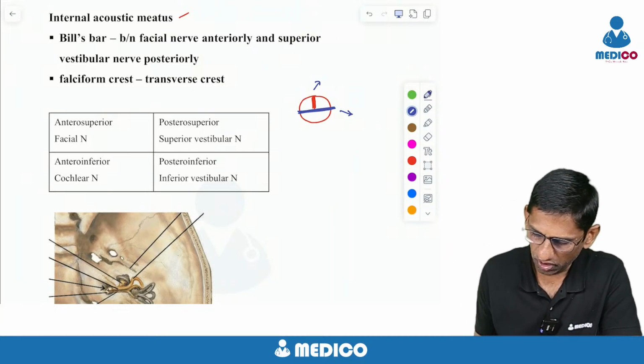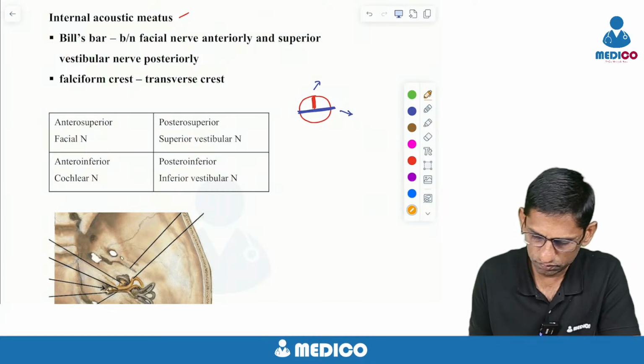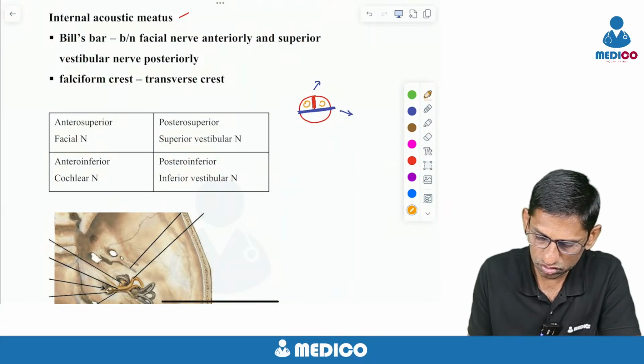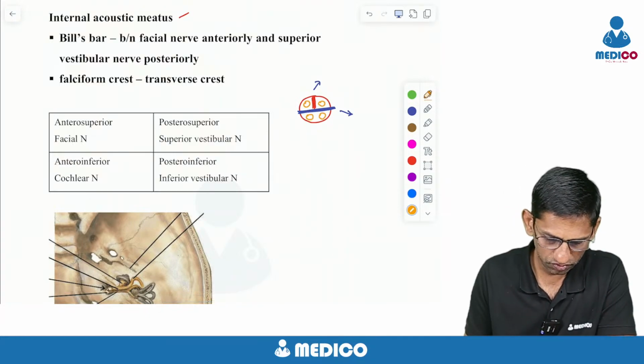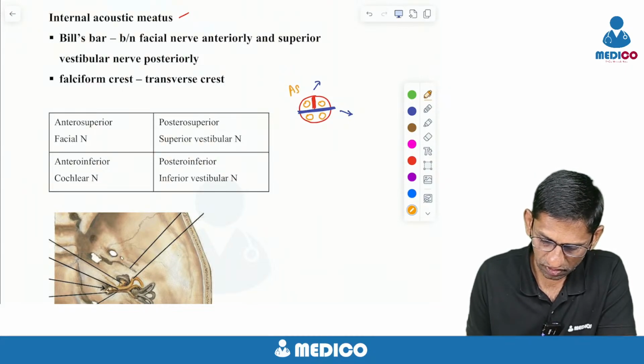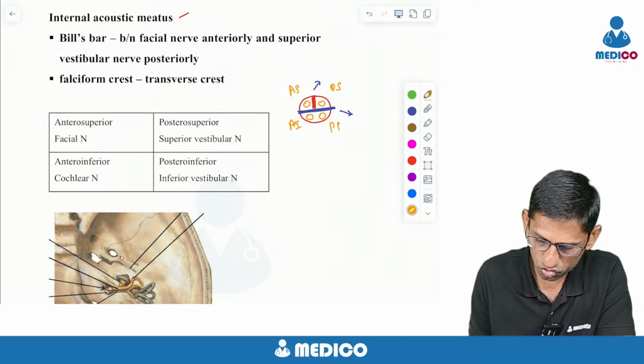And within this we have bundles of nerves: 1, 2, 3, and 4. What are the bundles? We have antero-superior, antero-inferior, postero-superior, and postero-inferior.